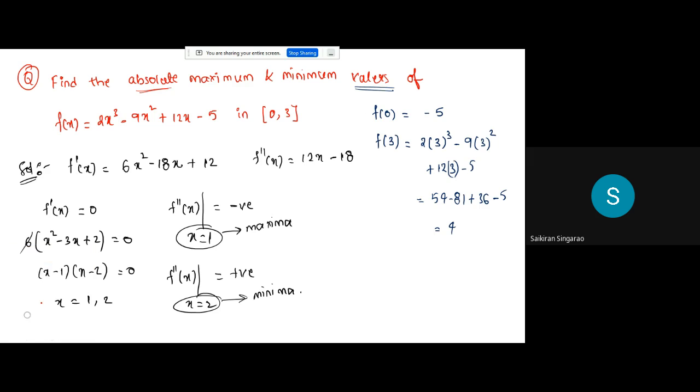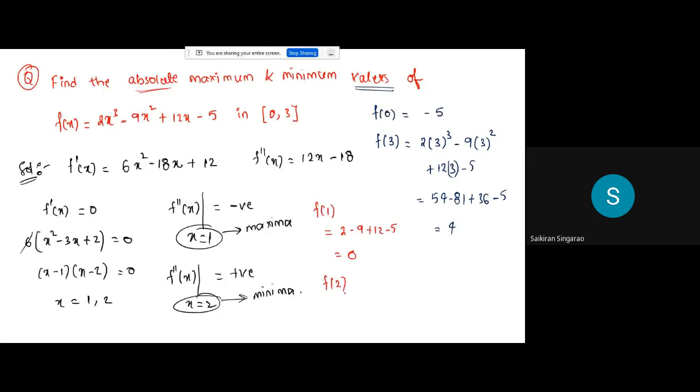Next, I also have to find f of 1 and f of 2. F of 1 means 2 minus 9 plus 12 minus 5. So that should be equal to how much? F of 1 is coming 0.